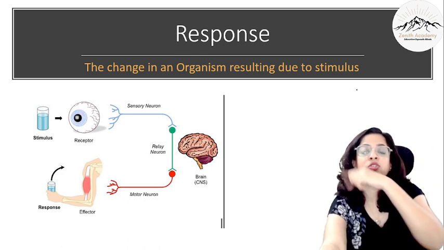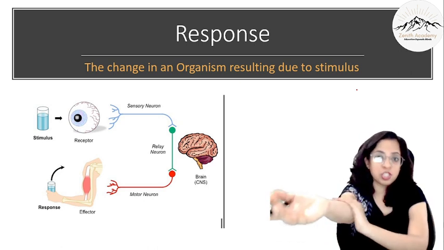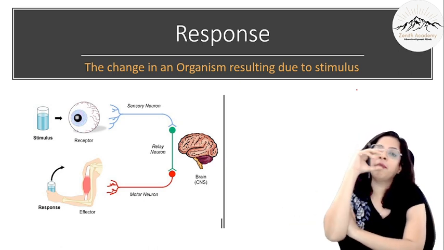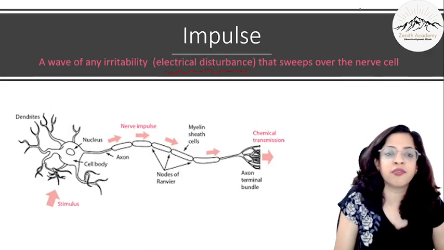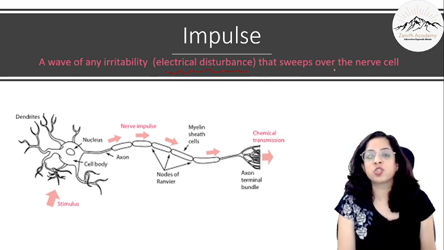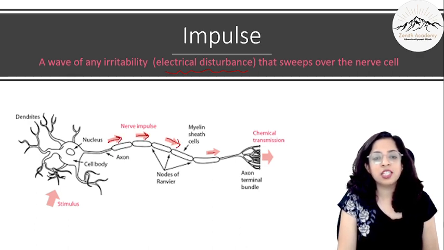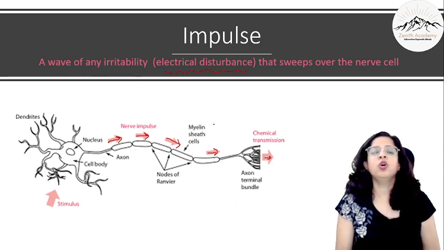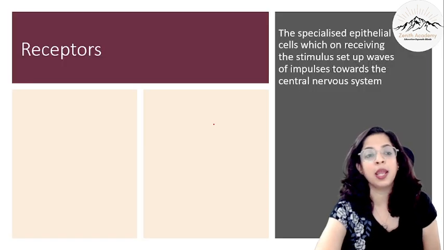This message goes through the nerves to the brain, and then the brain sends the message to the muscles of your hand to contract and pick up that glass of water, right? So this wave of irritability, or you can say an electrical disturbance that sweeps over the full nerve cell, can you see this nerve impulse? This is an impulse, right? So a wave of electrical disturbance that sweeps over the nerve cell is known as an impulse.